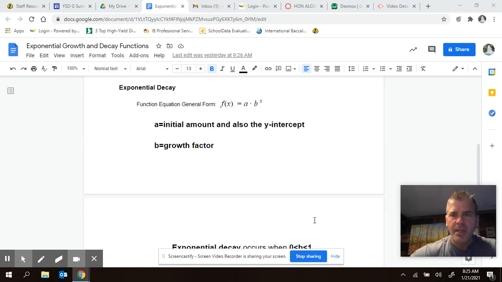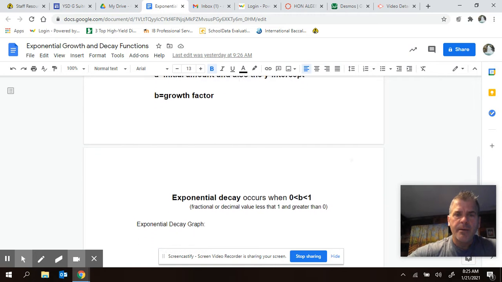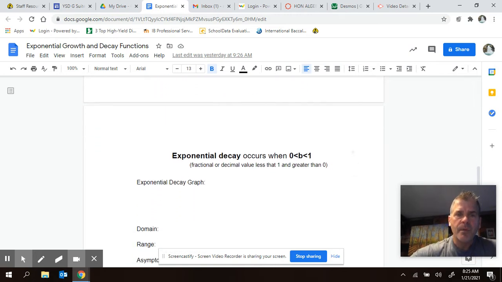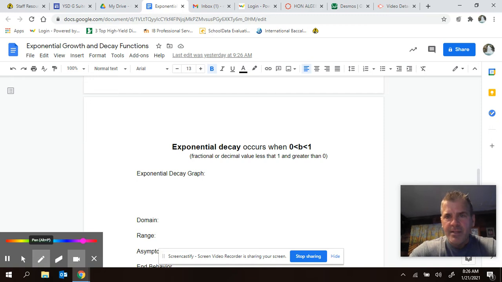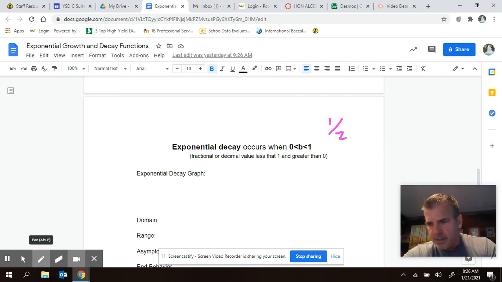It's different in its application, because what we start to see is that B value, we get decay when it's between 0 and 1. So we start getting numbers like 0.5, or 1/2. That's that idea of exponential decay, of course.